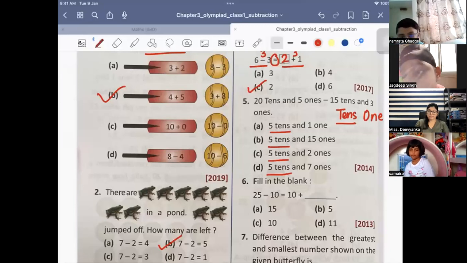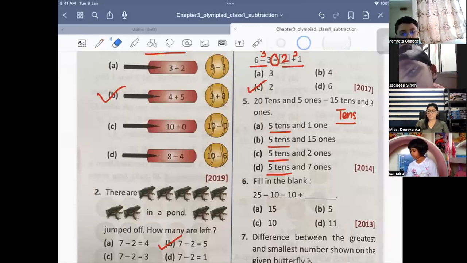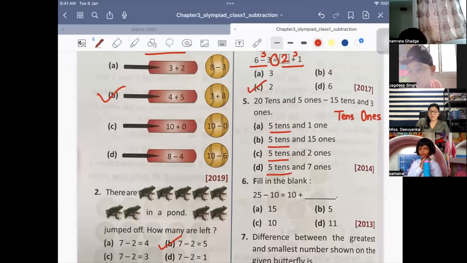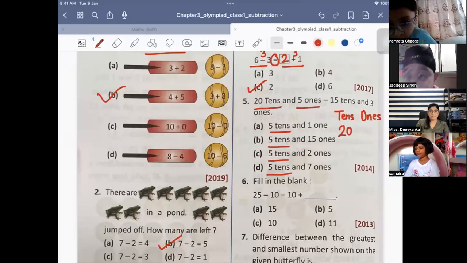Let me just rewrite this in small handwriting so you can see properly. So tens under tens and ones under ones. Now in the first number, how many tens are there? 20. So write 20 here. How many ones are there? 5. Write them separately.